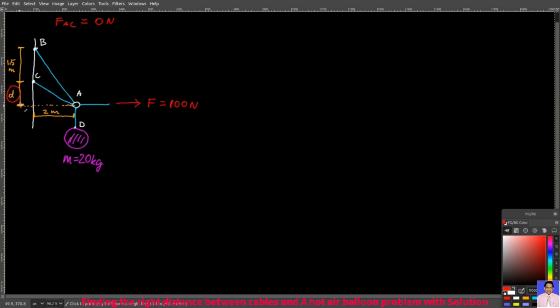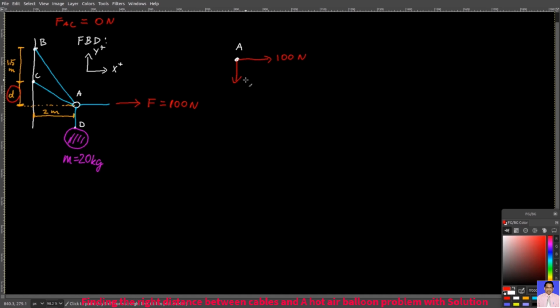So let's now calculate this D. We're going to create a free body diagram for point A. So these are your positive X and Y directions. And so your point A is here. You know that in this direction, you have 100 newtons.